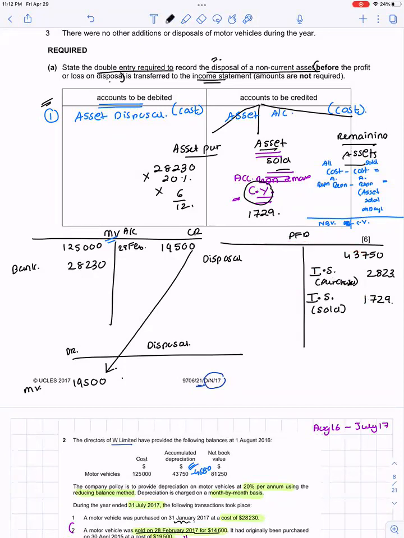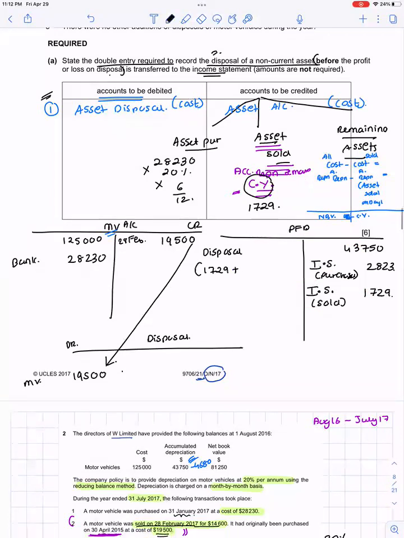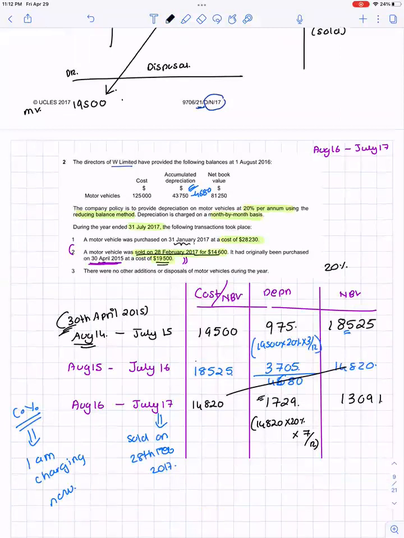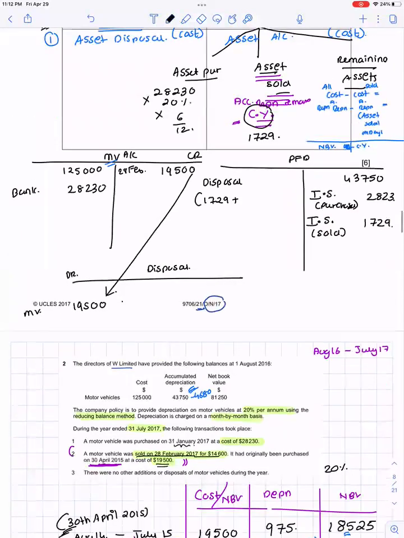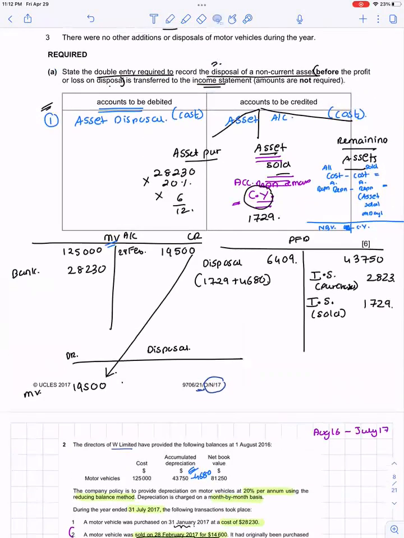So 1729 is the current year's depreciation, and the old depreciation for the past 2 years is 4680. So 1729 plus 4680, total depreciation is 6409. That I am disposing of. Are you with me?